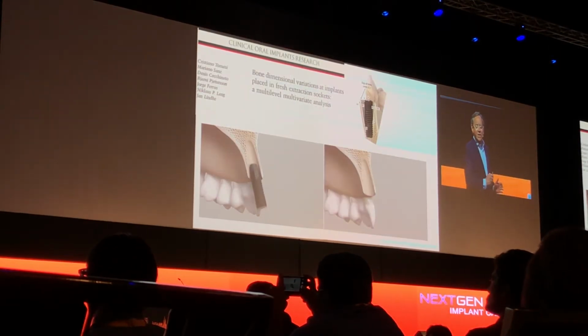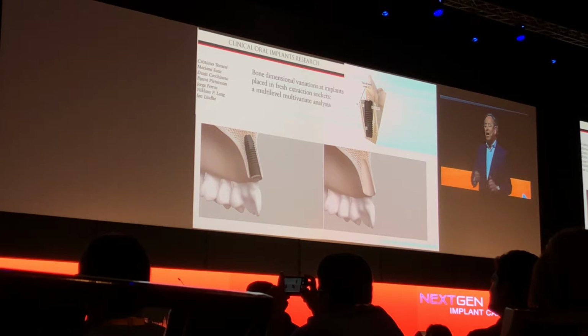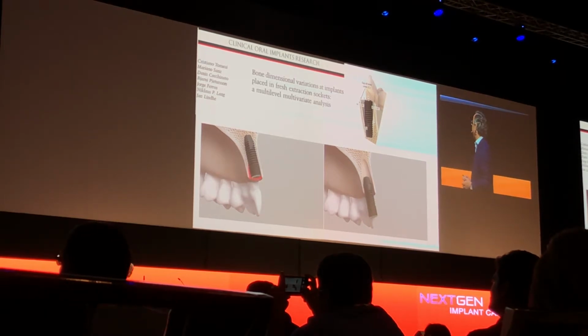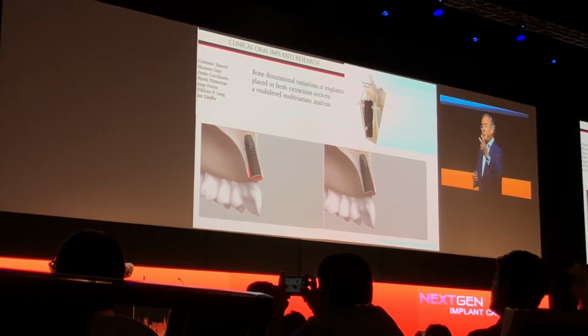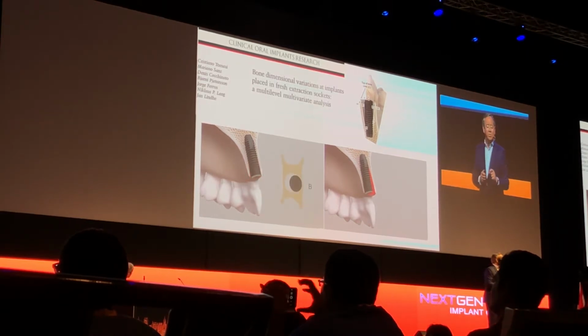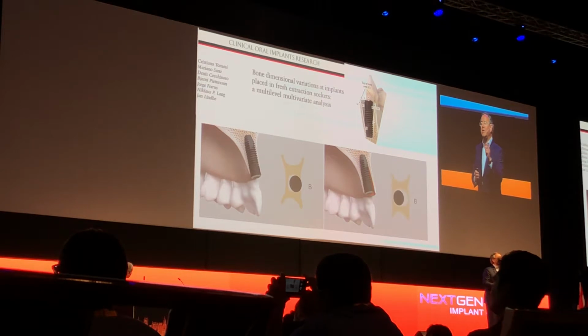And as you can see in these videos, which are done with the algorithms from the multivariate analysis, the two key factors are the thin buccal bone and how close we place the implant to the bone.